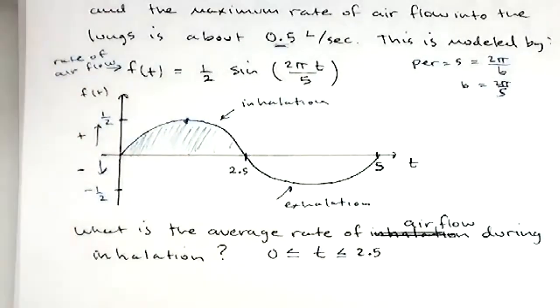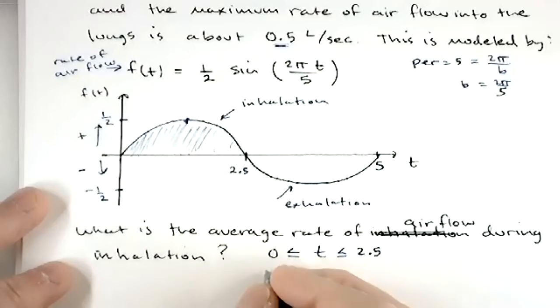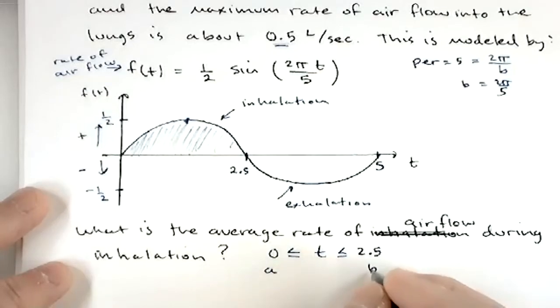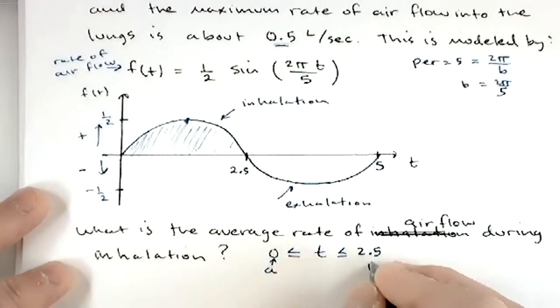And so, I already derived the formula. The nice thing about average value is you already have the formula. This is like our A and our B right here and here.